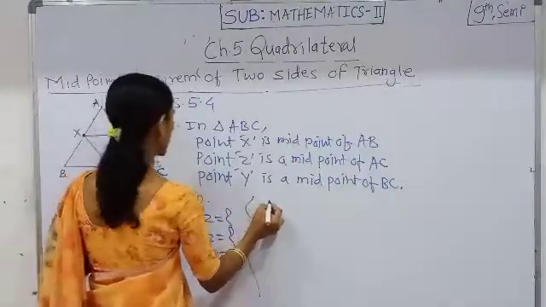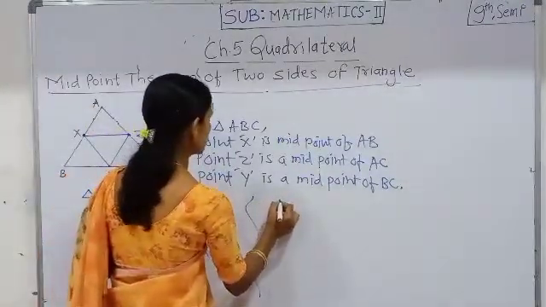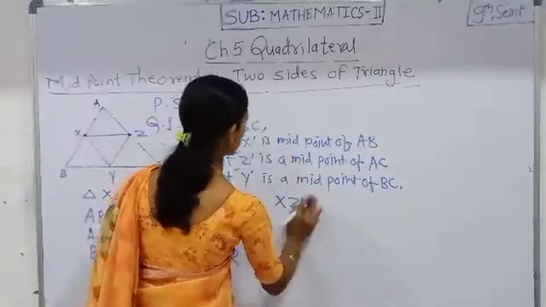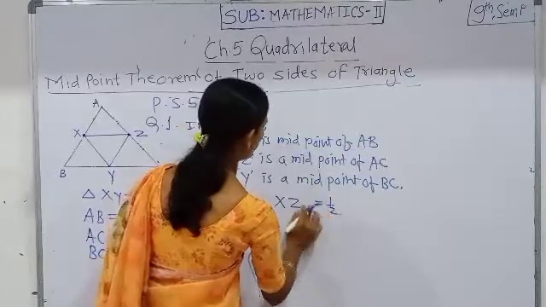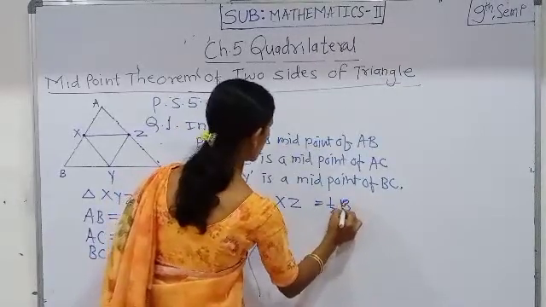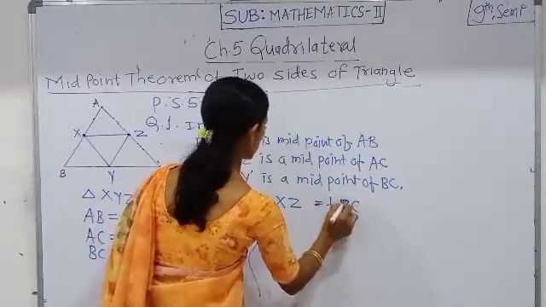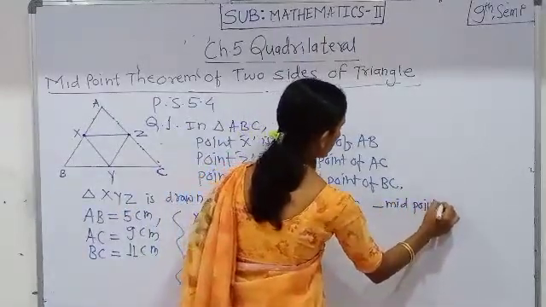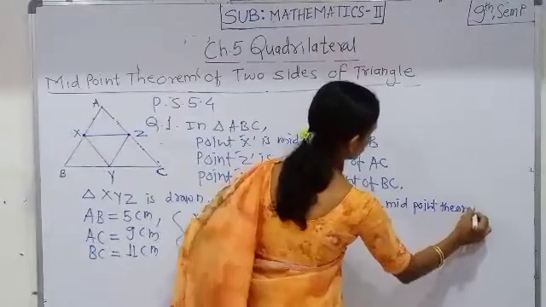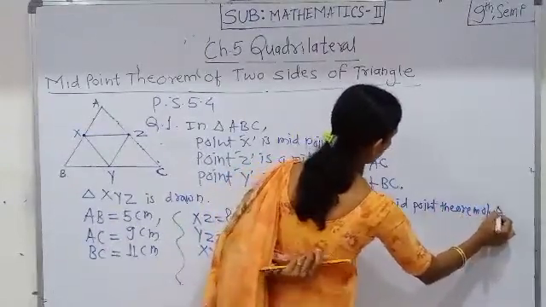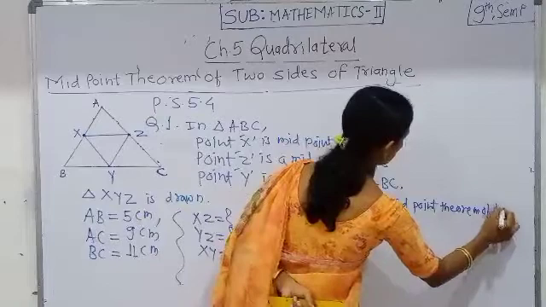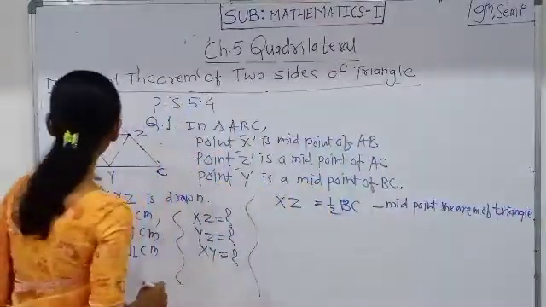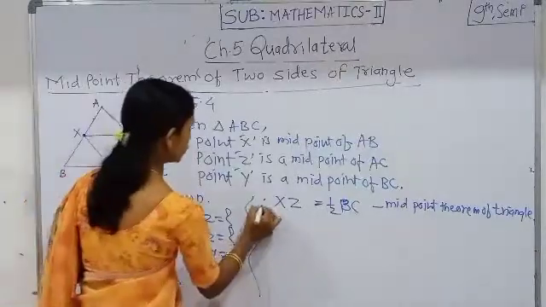Therefore, XZ is half of BC, because of the midpoint theorem of a triangle.